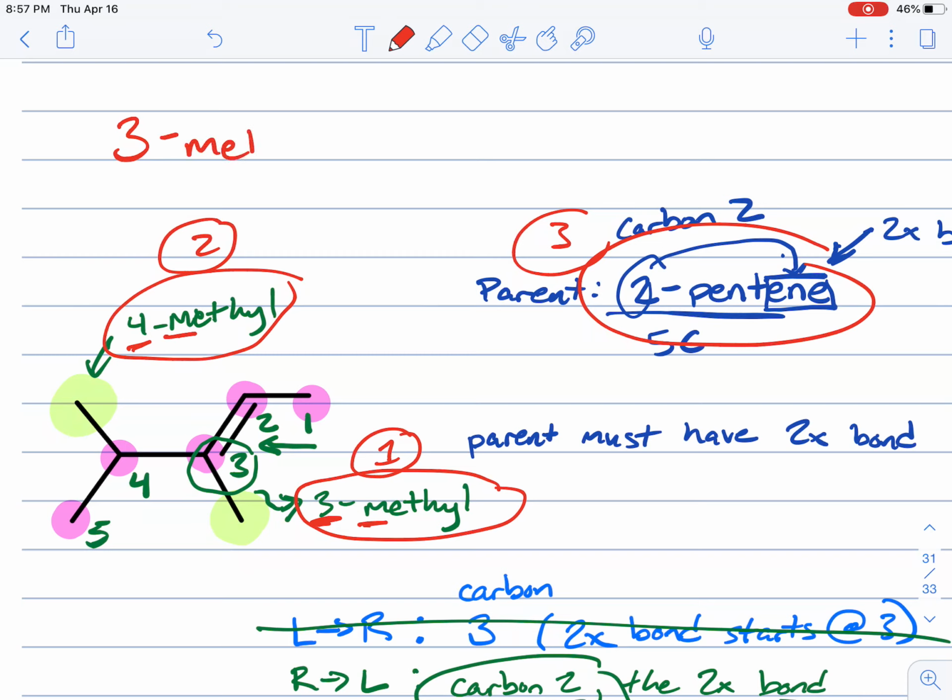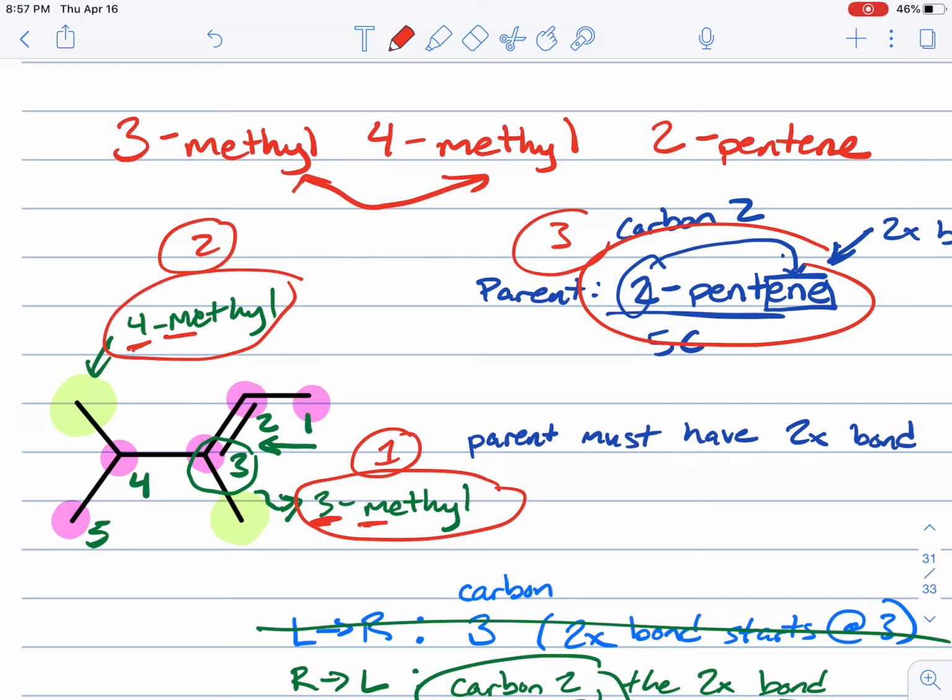3-methyl. And then 4-methyl. And then 2-pentene. Okay. And so there's a problem here. I have repeating methyl groups.